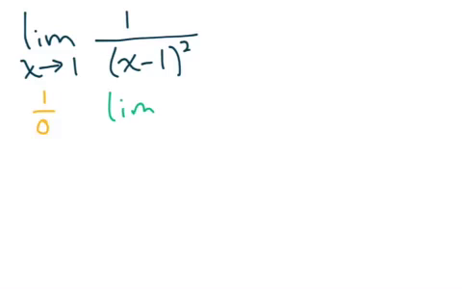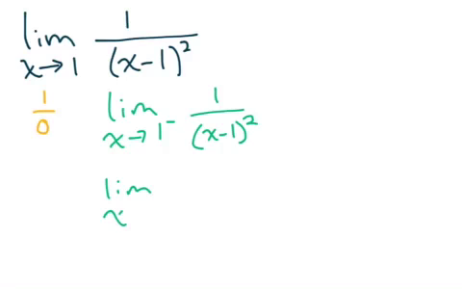We want to think about what happens as I come in from the left-hand side, so the limit as x approaches 1 from the left-hand side of that same function, and what happens as I come in from the right-hand side. So the limit of 1 over (x minus 1) squared as x approaches 1 from the right-hand side.